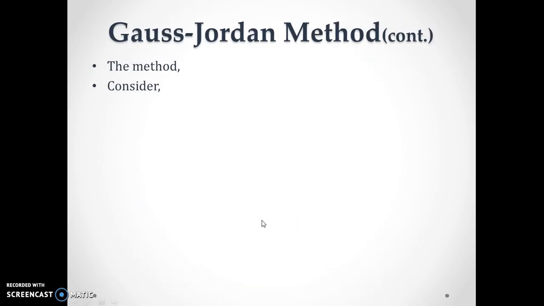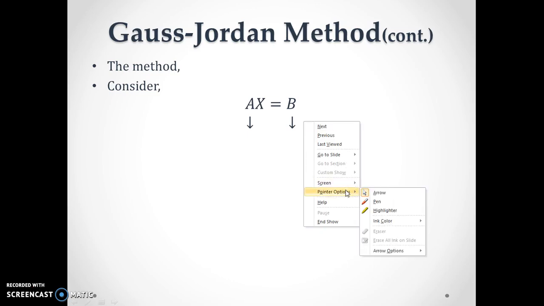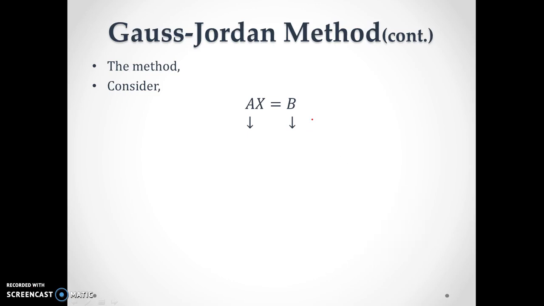Now how does this Gauss Jordan method work? We consider the compact matrix form of the given system, and then what are these arrows? These arrows are actually row transformations. I think all of you must know what row transformations are.